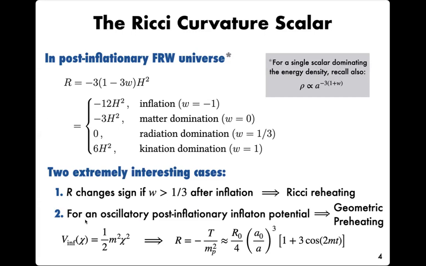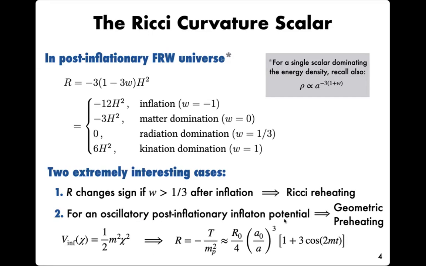If I take quite a stock standard sort of inflationary potential, like an m squared chi squared, then given I'm oscillating around the bottom of this minimum, I can work out how my Ricci scalar evolves in that epoch. So the global picture here is, imagine I have some inflationary plateau for this chi field, slow rolls, and then eventually drops down into some minimum where it oscillates, and the bottom of this minimum is effectively described by m squared chi squared.